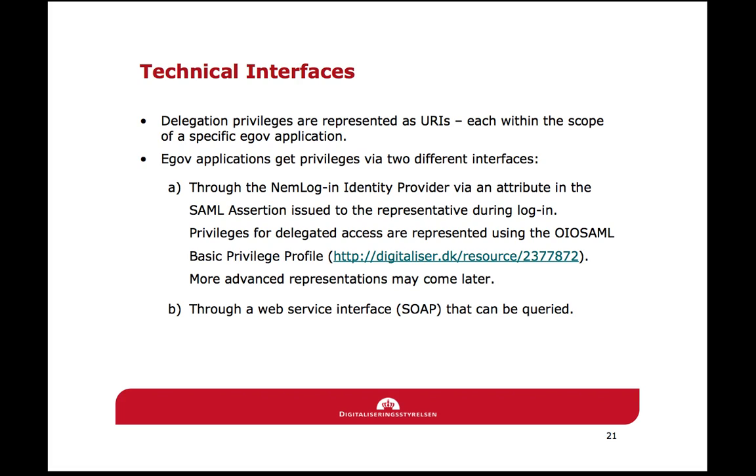The alternative is to query a SOAP-based web service, which will respond with some XML that is the same as what we would put in this SAML attribute. So these are the technical interfaces.